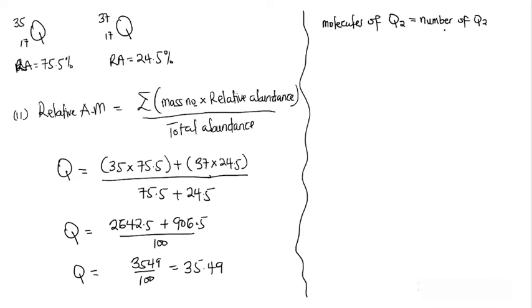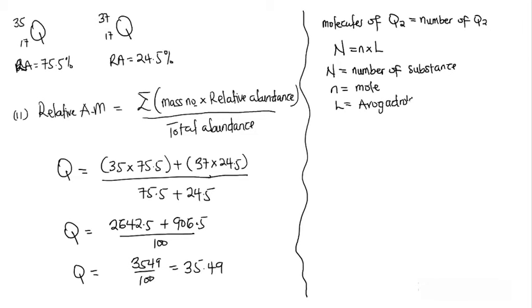For us to find the number of something, the number of molecules, the number of atoms, or anything, we use the formula N is equal to small n multiplied by L, where the capital N is the number of molecules or atoms, the small n is the mole, and L is the Avogadro's constant.